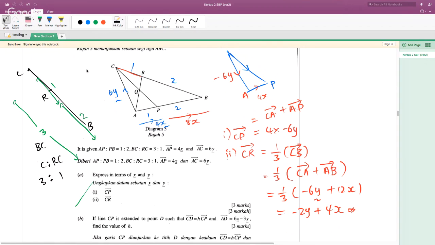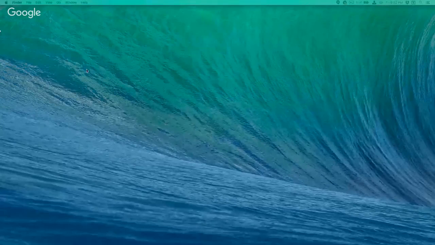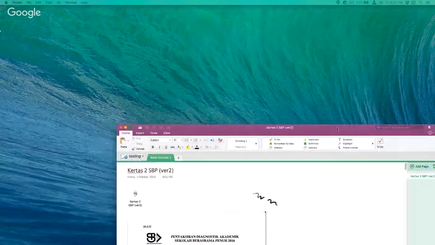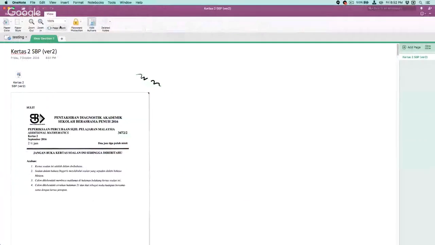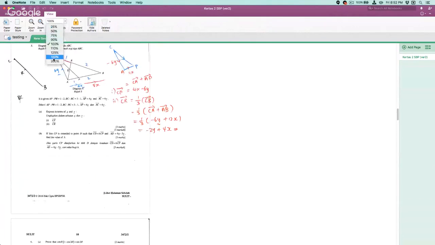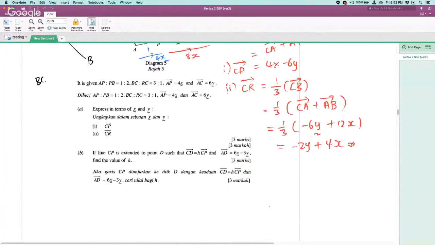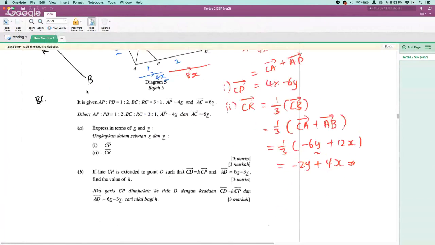I hope so far you can understand what I'm teaching, because it's around 1 hour already. Then I move it back. I scroll down first, then zoom in will be easier. Okay, so then we go to part B.